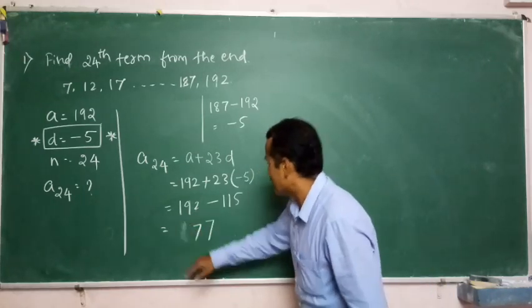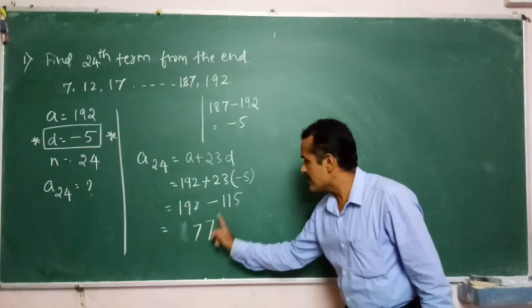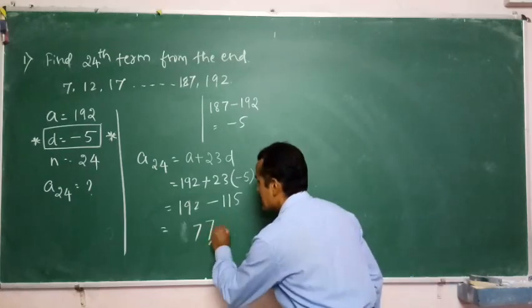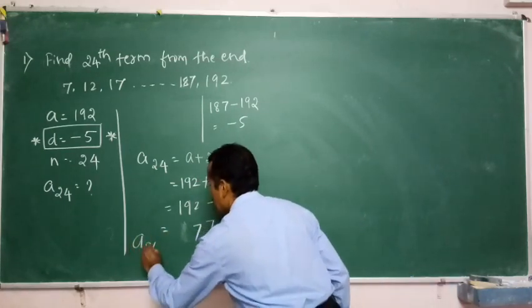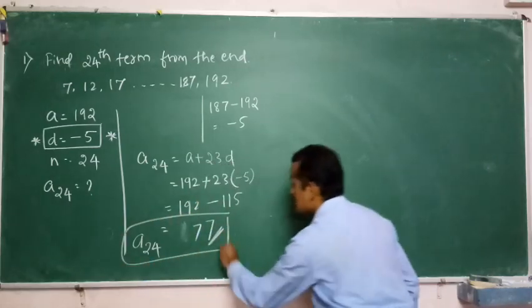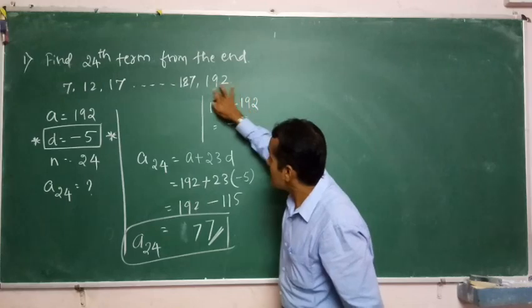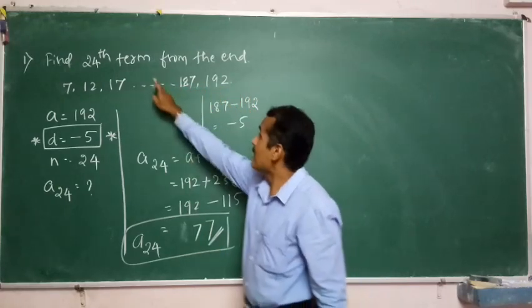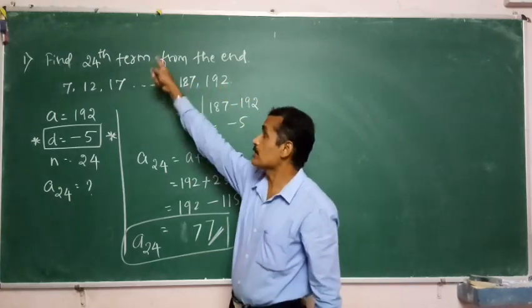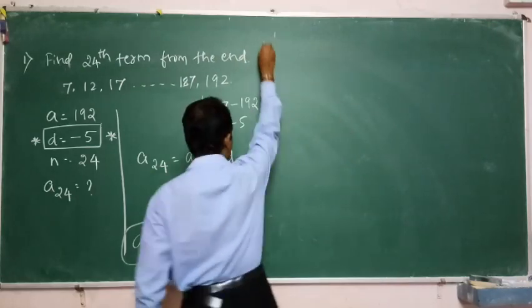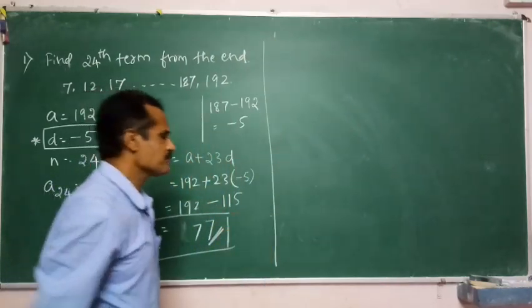No, it is only 77. So A24 is equal to 77. That means from the end, the 24th term of the AP will be 77. This is one type of problem.